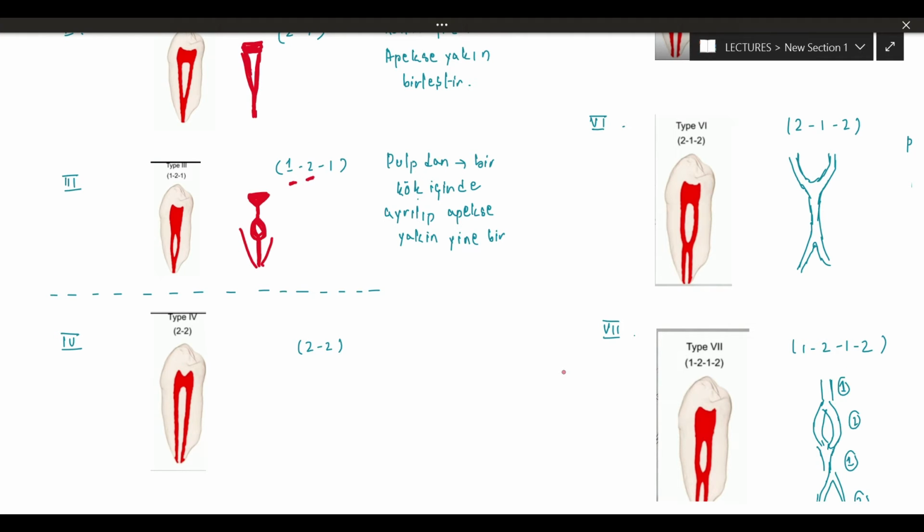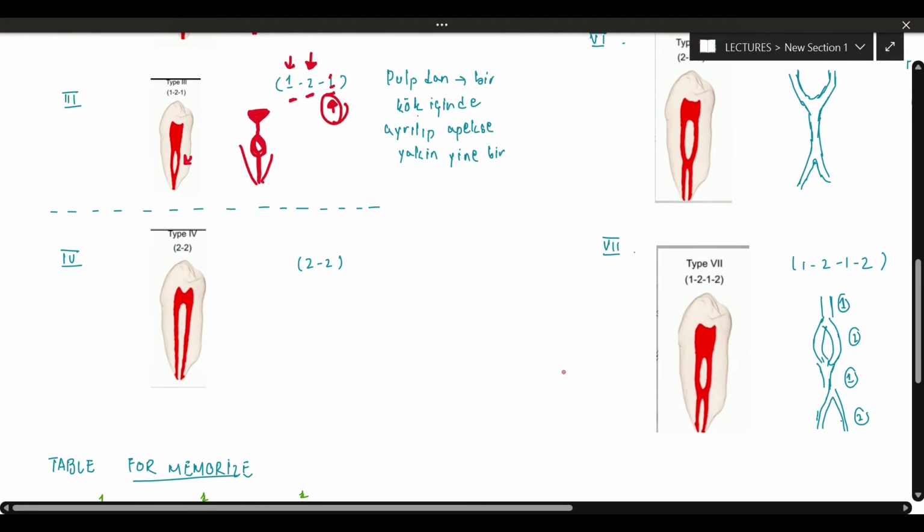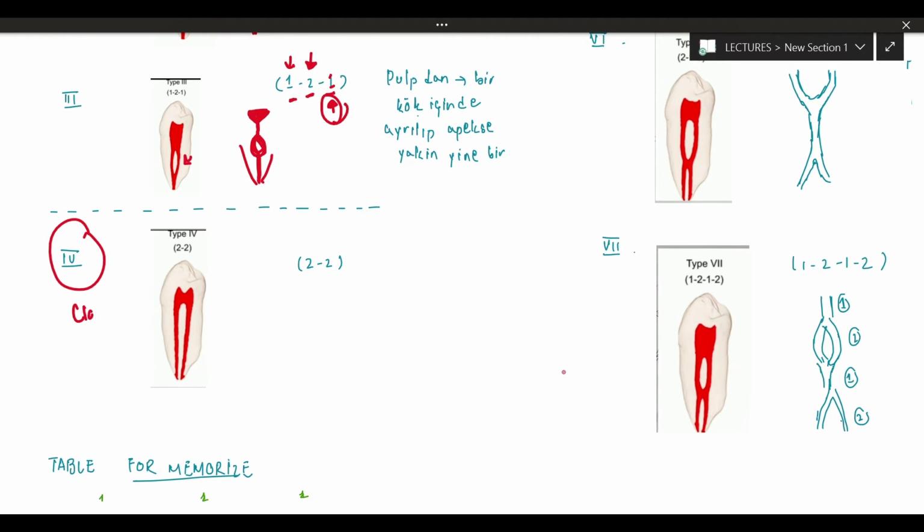Hence the code 121: it was 1 when leaving the pulpal chamber, 2 when it divided into two branches in the middle of the root, and on reaching the apical foramen it was again a single canal. Okay, so moving on, this is class 4 of the Vertucci classification.